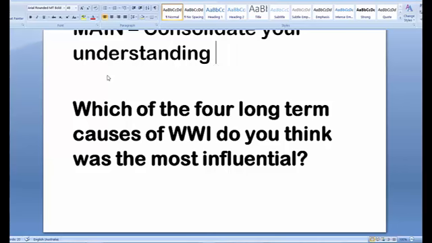You're then going to explain why you think it was the most important or influential cause. And here you have to refer to some specific detail. So go back to your sheets that you've just completed. Have a think about this. This task is for completion for homework if you don't finish it, and I'll be checking on Monday and starting from this point. Have a great weekend, guys, and thanks for tuning in today.